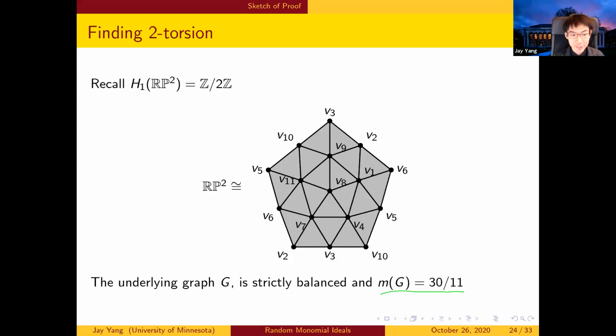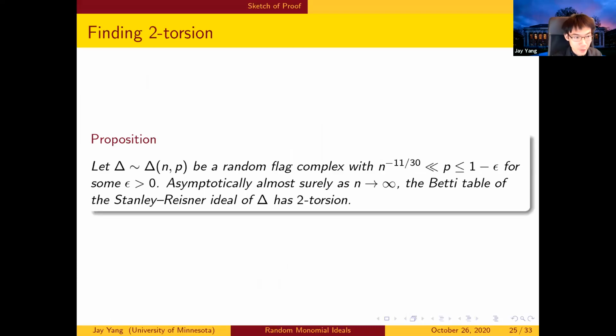So what does this tell us? Plugging this back into the machinery, we have all this machinery that tells us how to deal with the scenario once we have a graph, and that machinery tells us that if we're in this regime between n to the -11 over 30 and a constant minus epsilon, then asymptotically almost surely the Betti table has two torsion.